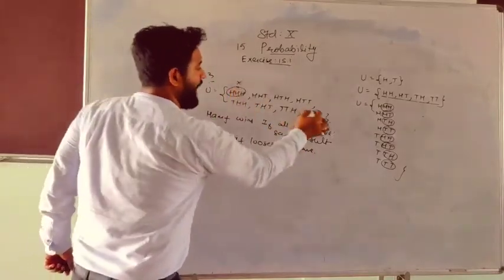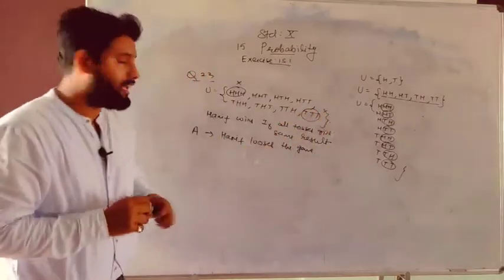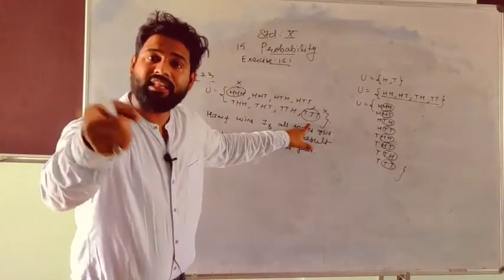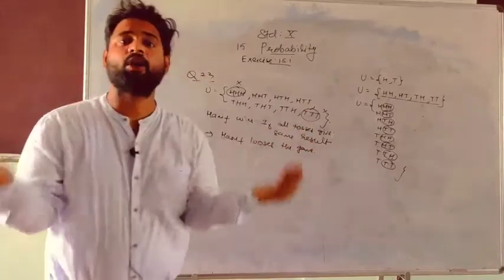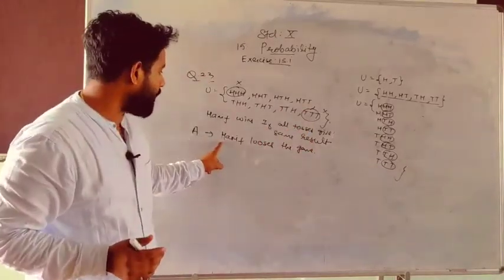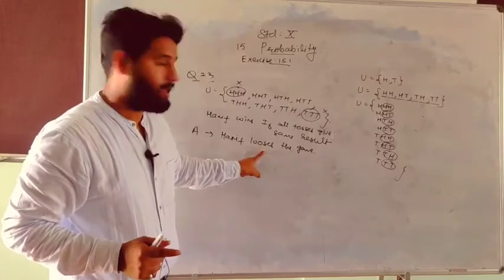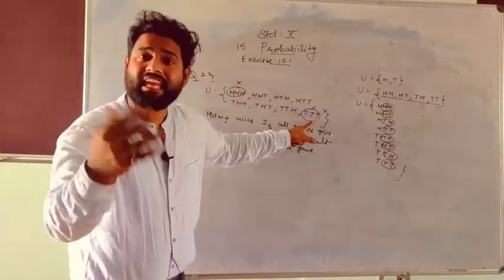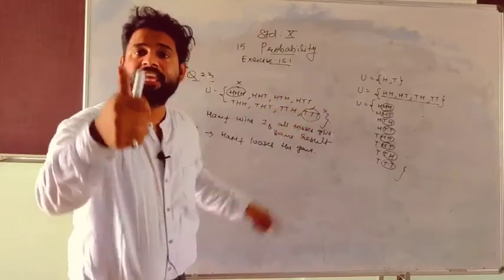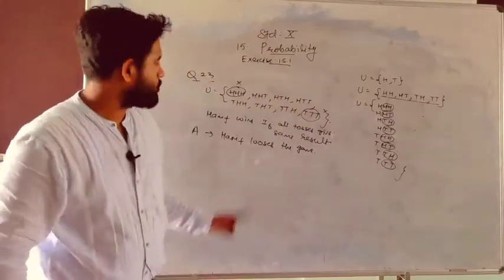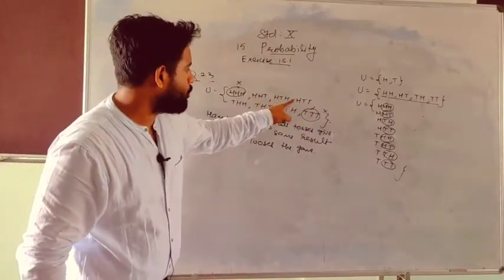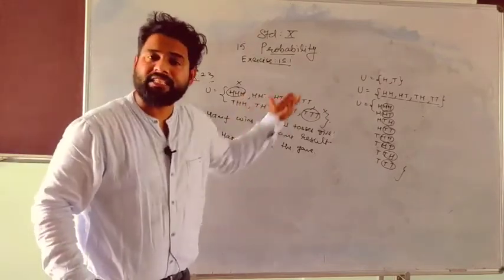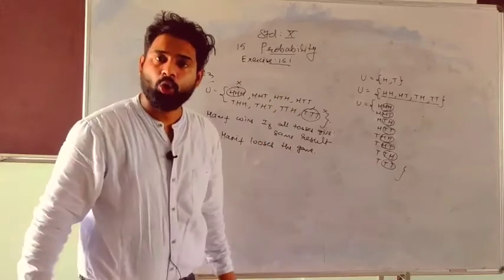Triple H and triple T. When he gets triple H or triple T in all 3 tosses, then and only then is he going to win. Otherwise he is going to lose. So we have to find the probability of losing. Apart from these two, if any other outcome happens, he is going to lose the game. So what is the count? 1, 2, 3, 4, 5, 6. In these six possibilities, he is going to lose the game.